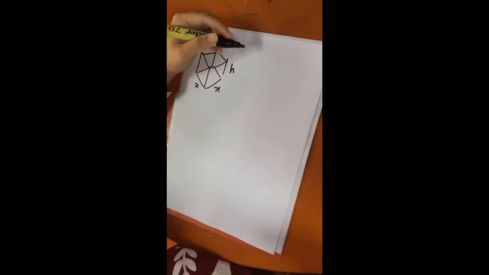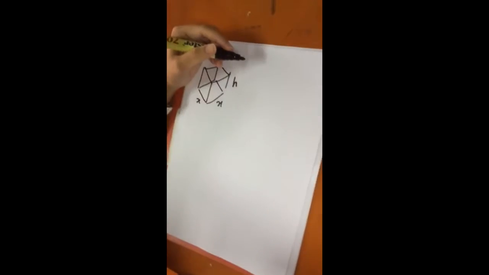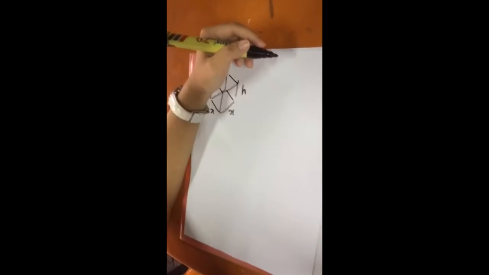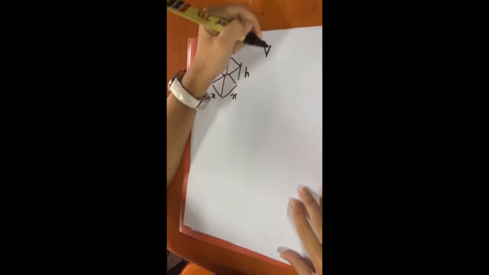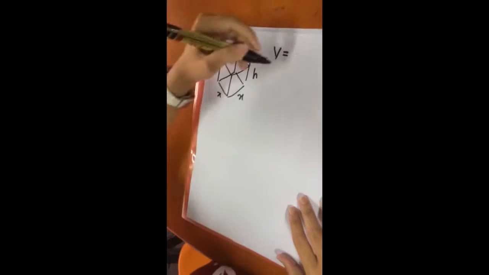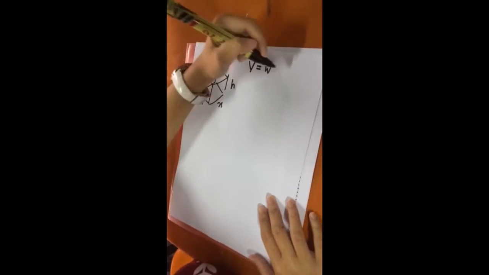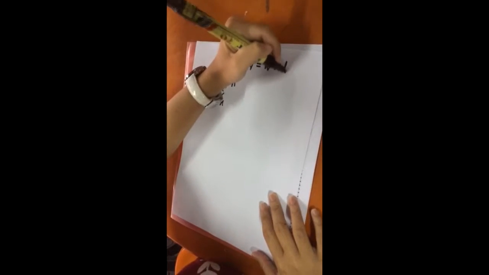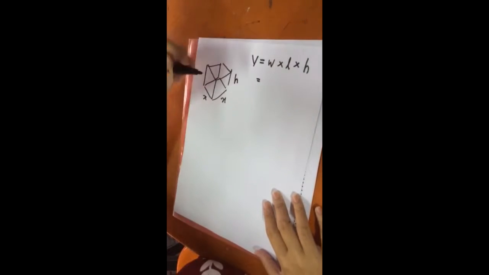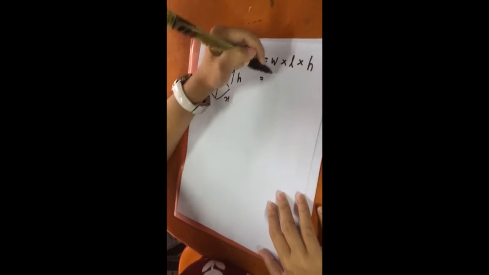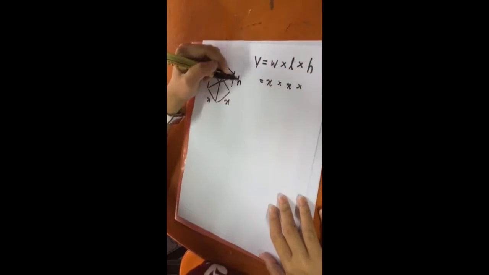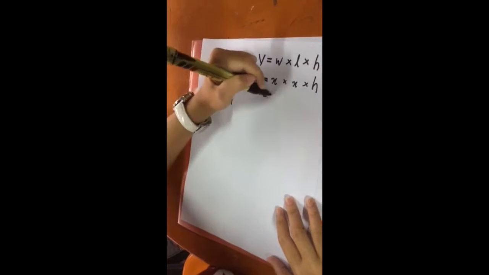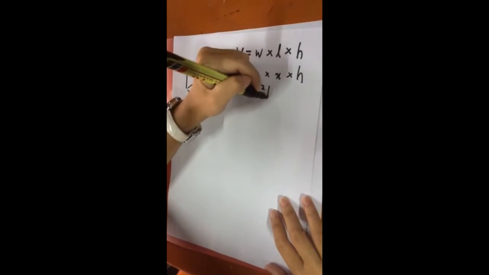First we want to find the maximum volume, so we need to know the formula of the volume. The volume of the box is width times length times height. The width and the length are x, so x times x times height, so x squared h.